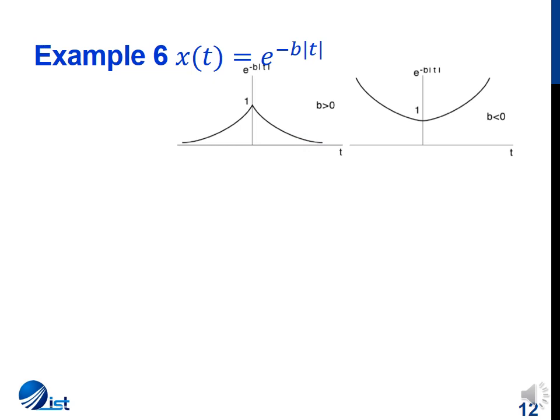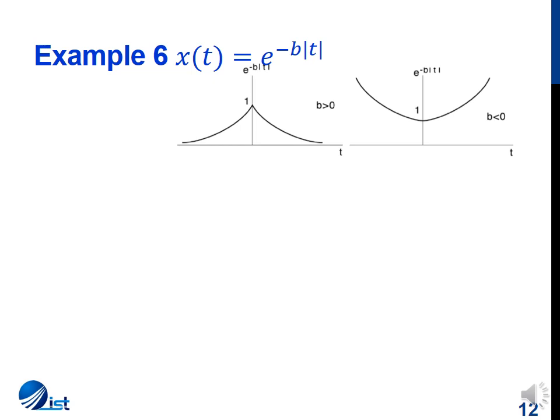If the value of b is less than 0, it means that the overall power of this exponential will become positive and it will be a rising exponential. Now the Laplace transform exists for only one of these signals, and we can guess which one, but we'll see and then we'll conclude a result at the end as well.